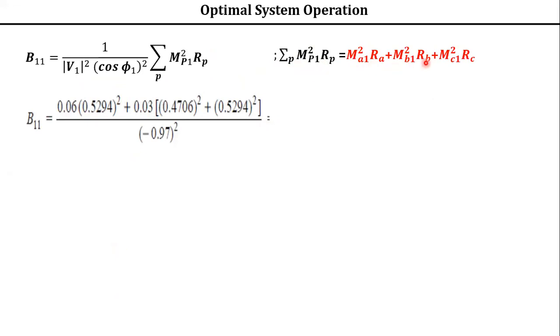Then R_B is 0.03, R_C is also 0.03, so that's why I have taken it common outside here. Otherwise, you substitute it independently. And M_B1 is 0.4706 square, M_C1 is 0.5294 square. V1 is 1 anyway. Cos phi 1 is minus 0.97 whole square. Substitute the values which we have calculated. So when you simplify this, what is the value?